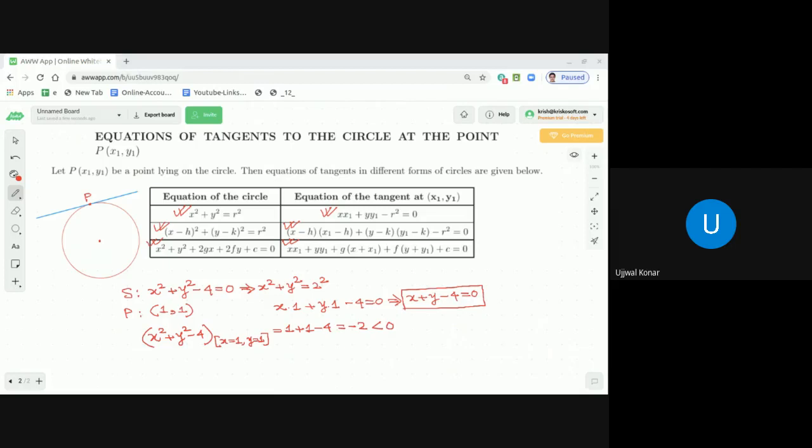Now we are going to solve a very interesting problem related to the equation of the tangent.